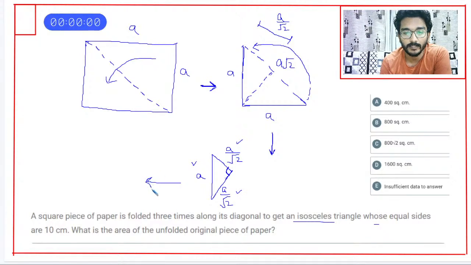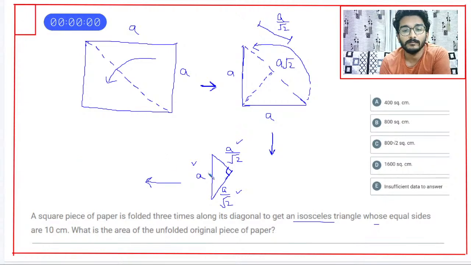And then again one fold, I guess. 1, 2, 3. A square piece of paper is folded 3 times along its diagonal. So one time it is there, then 2 times, then one more time.